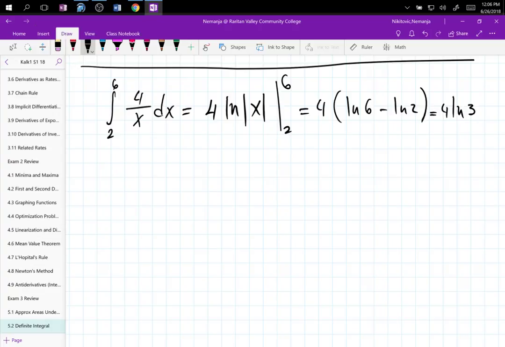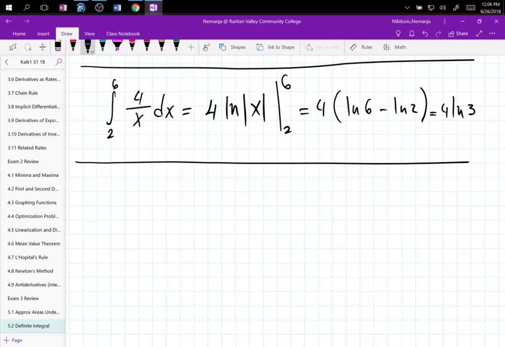Or you can just skip over that and not worry about it. So the answer that I would give is ln 81. And then that's just one punch in a calculator, rather than 4 times ln of 3.